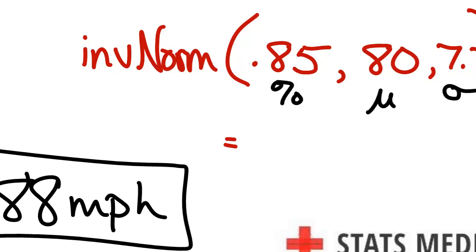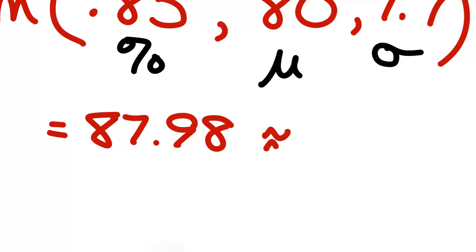What did it give you? 87.98. If we rounded that, because we're talking miles per hour, that would be 88 miles per hour. So I'd say 87.98, which is about 88 miles per hour.